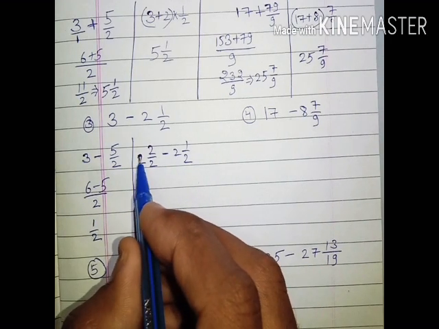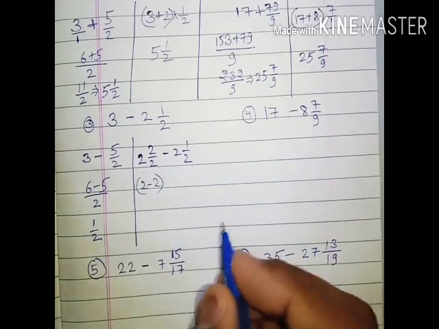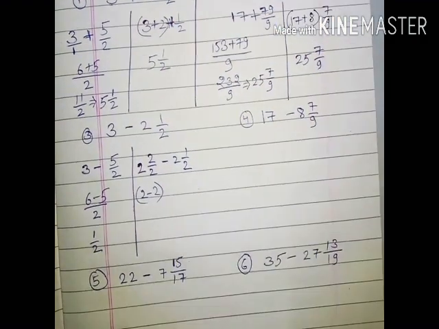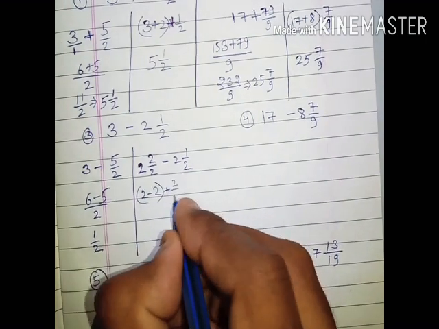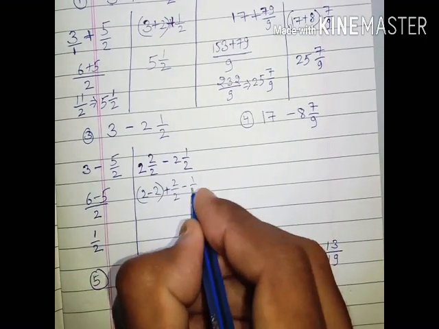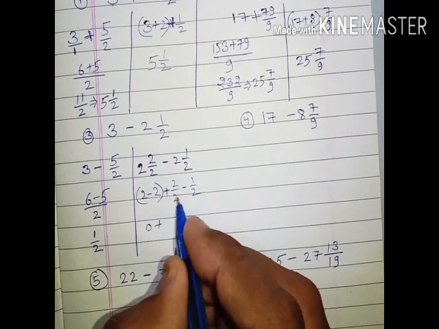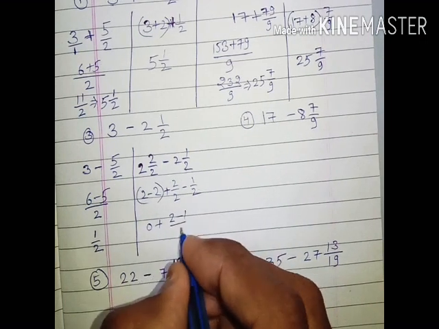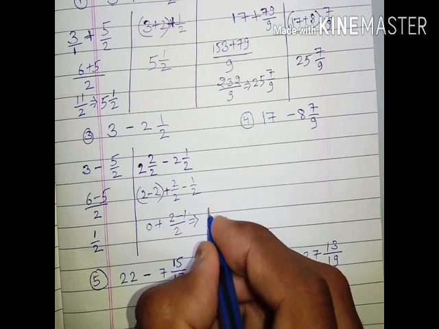We subtract 2 minus 2, there is a plus at every time, so we are writing this as 2 and plus 2 by 2 minus 1 by 2. As 2 minus 2 becomes 0, plus the denominators are the same, so you can directly subtract 2 minus 1 upon 2. The answer will be 1 by 2.